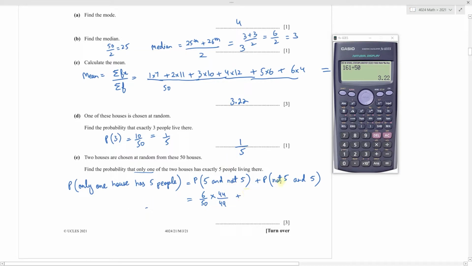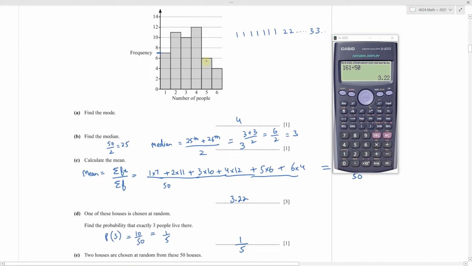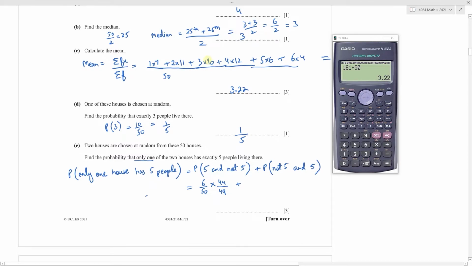And then plus, now you have to calculate the probability of not 5. For 5, there are 6 houses with 5 people.